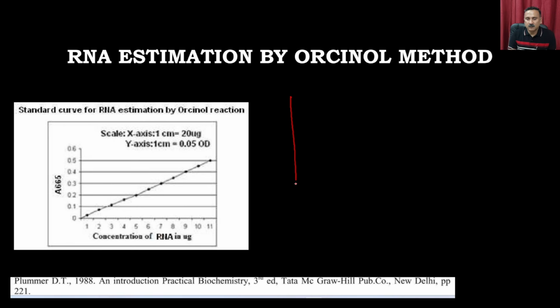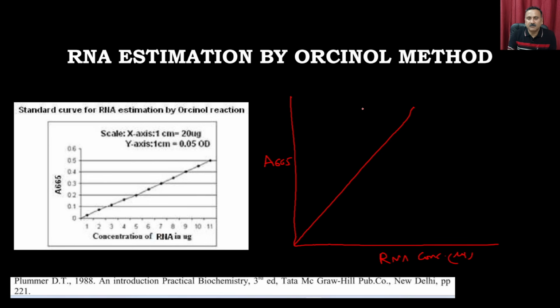You plot the absorbance at 665 versus the RNA concentration, which means in micrograms, and then you have the standard curve. With the help of the standard curve, you can determine the concentration of the unknown RNA, right?